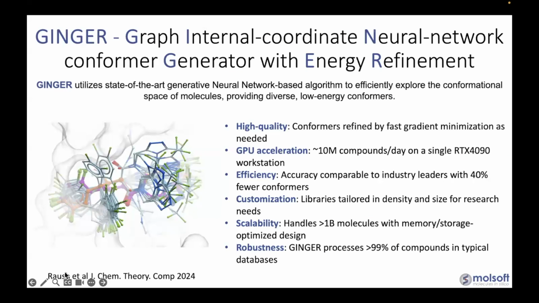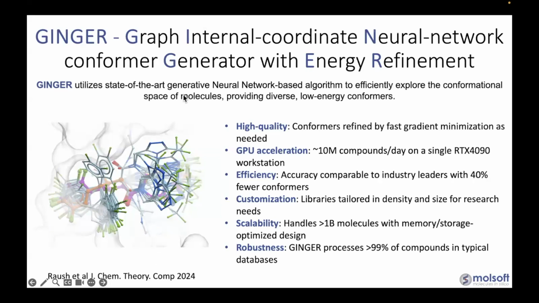This was published last year by Eugene Raush, Max Totrov and Ruben Abagyan. And I can send you that paper if you're interested in reading more about it. But basically, Ginger is a graph internal coordinate neural network conformer generator with energy refinement.